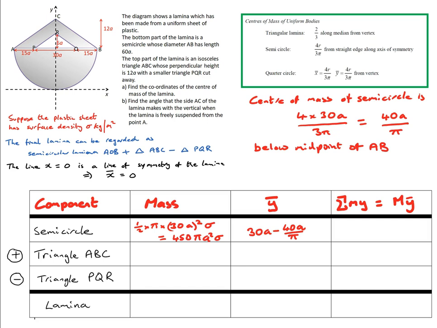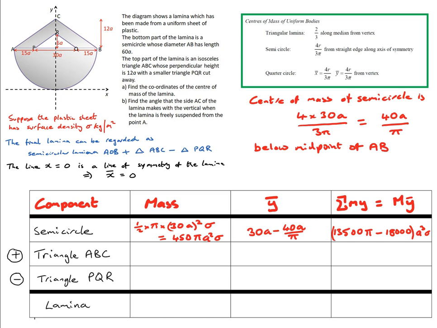The sum of all the mass elements of the semicircular laminar times the y-coordinates is equal to the total mass of the semicircular laminar times the y-coordinate of its centre of mass. So sigma m y for the semicircular laminar is going to be 450 pi a squared sigma times 30a minus 40a divided by pi.